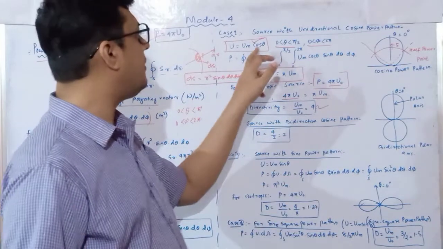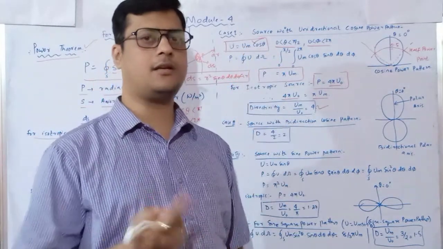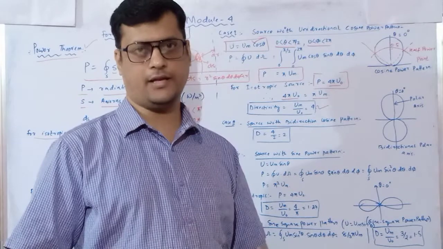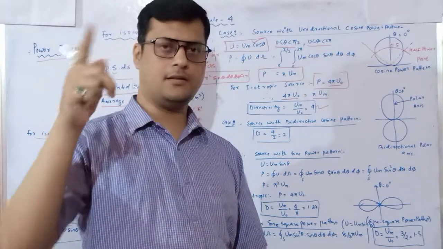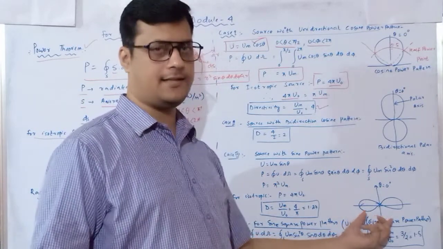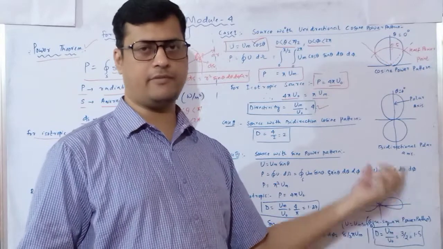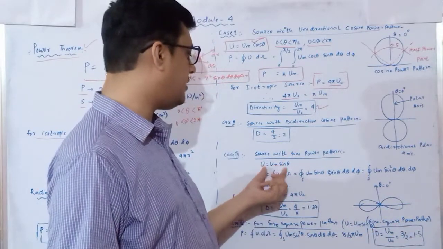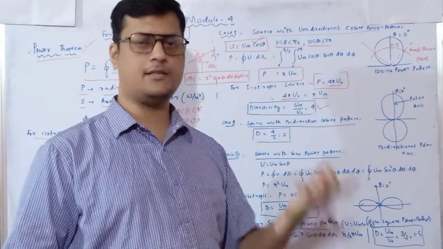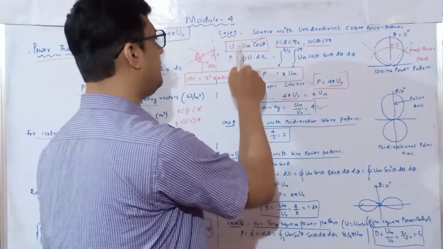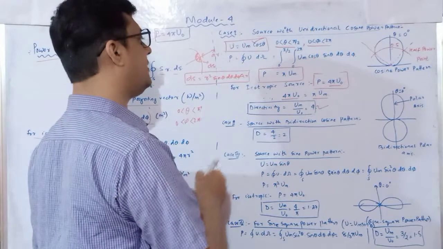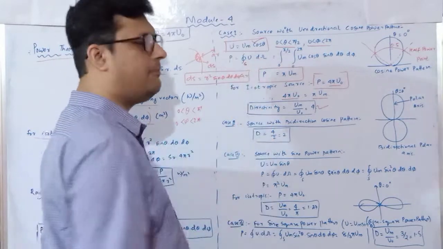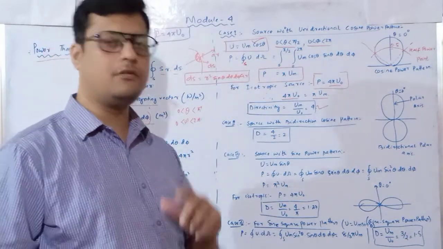Now in place of this cos theta, you substitute sin theta. Okay, and sin theta means the pattern will look like this. It is a sinusoid pattern. This pattern we have already seen in our previous discussion. So here I have substituted u equal to sin theta. Same procedure. Substitute P equals the surface integral of u into d omega. In place of u, substitute sin theta.